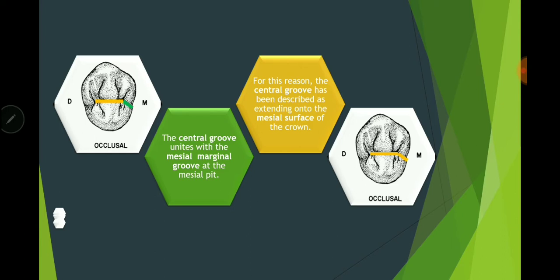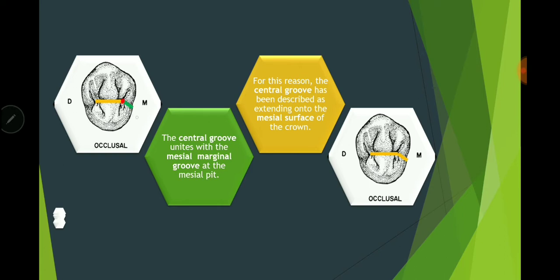So the central groove on the maxillary first premolar unites with the mesial marginal groove at the mesial pit. Remember, the central groove and the mesial marginal groove meet or unite at the mesial pit, and the mesial pit is going to be right here.